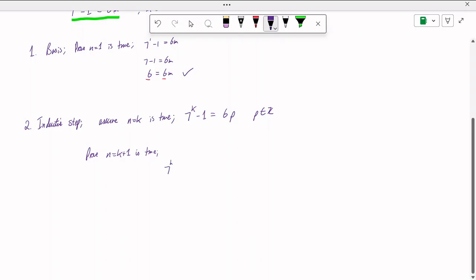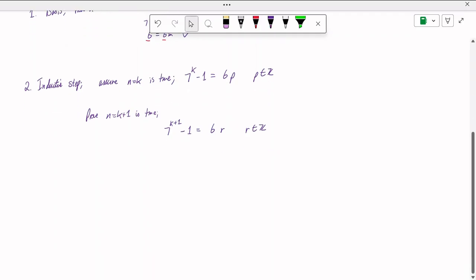So I'm now trying to prove that 7 to the power of k plus 1 minus 1 is equal to 6 times something. Again, I shouldn't use p, I shouldn't use m. I'm just going to use something else. Now just like with our addition, we're still going to want to substitute something from this step here.